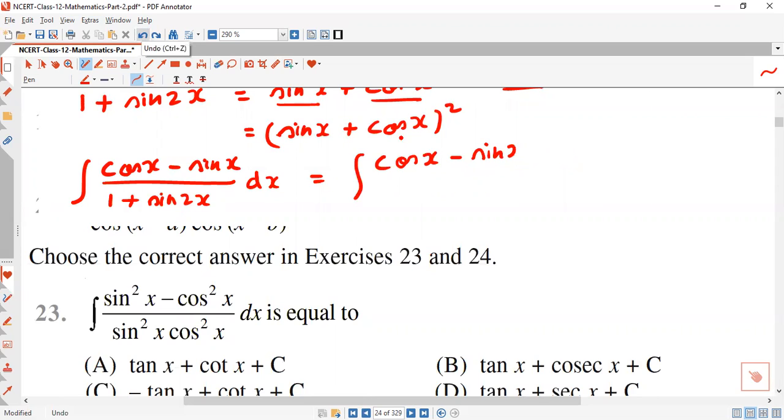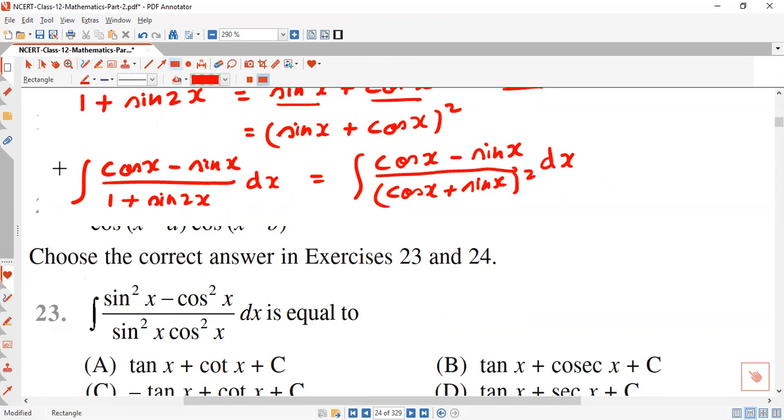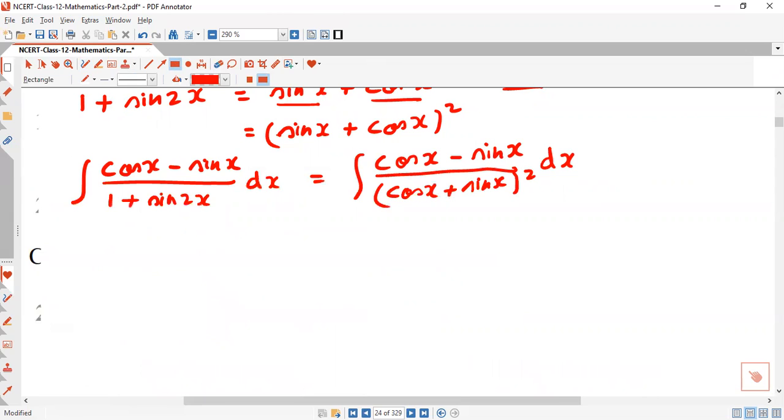Now we find the integral of (cos x minus sin x) divided by (cos x plus sin x) whole square dx. We use the substitution method to solve this further. Since the denominator is raised to a power, we put cos x plus sin x equal to t.